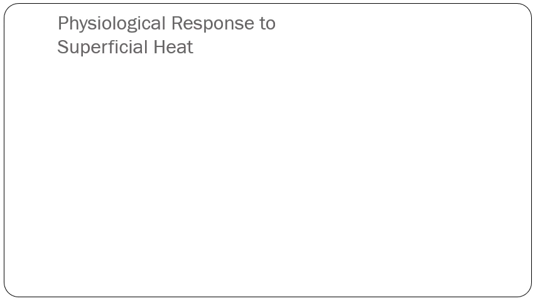As we look at some of the physiologic responses to superficial heat, you're going to have an increase in local blood flow. One cause is capillary vasodilation in the area, so you're going to get relaxation of the smooth muscle in the arteries.